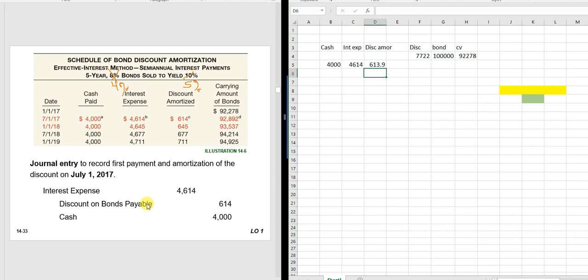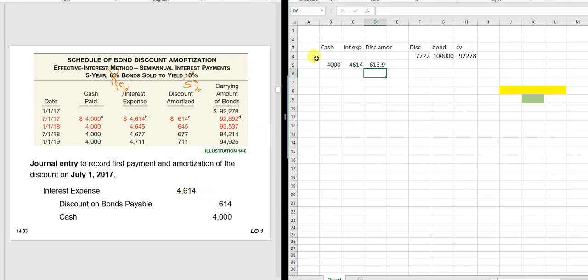It would have been this divided by, in this case, 10 periods. So I just do this divided by 10. So that would be 772 under the straight line method. And then I plug interest expense for the difference. Here I tend to do cash, then interest expense, and plug the discount.